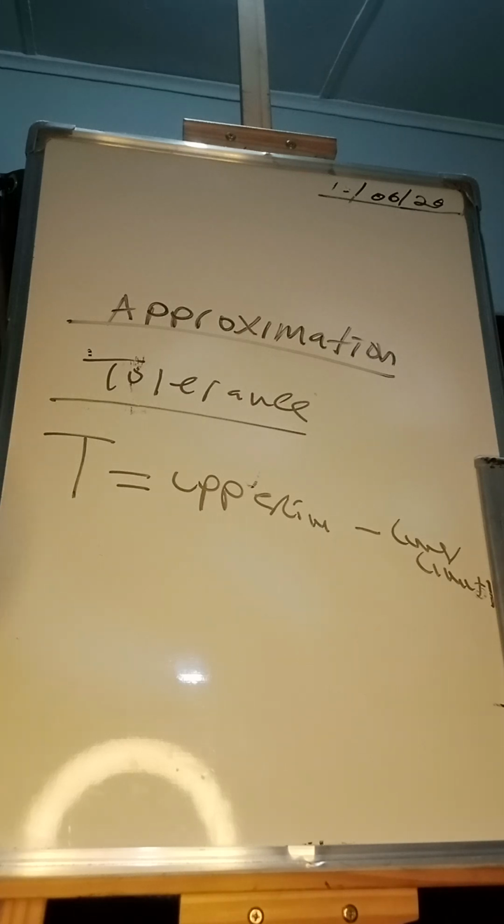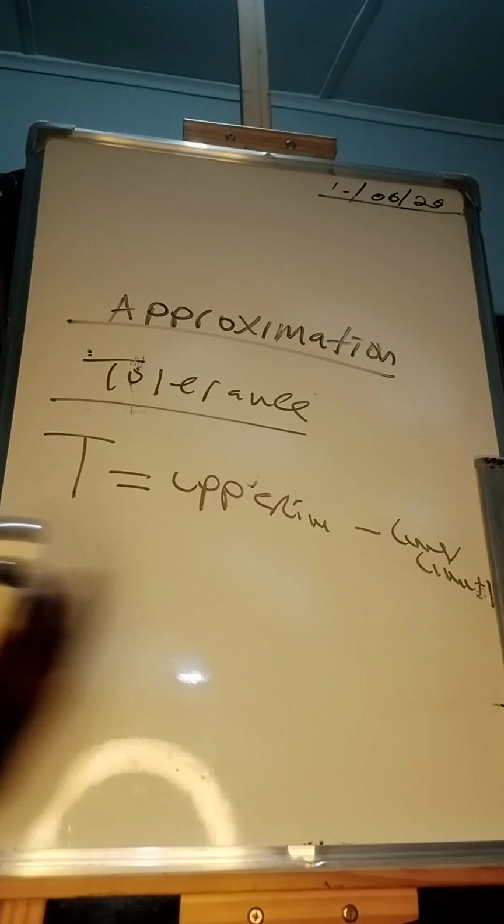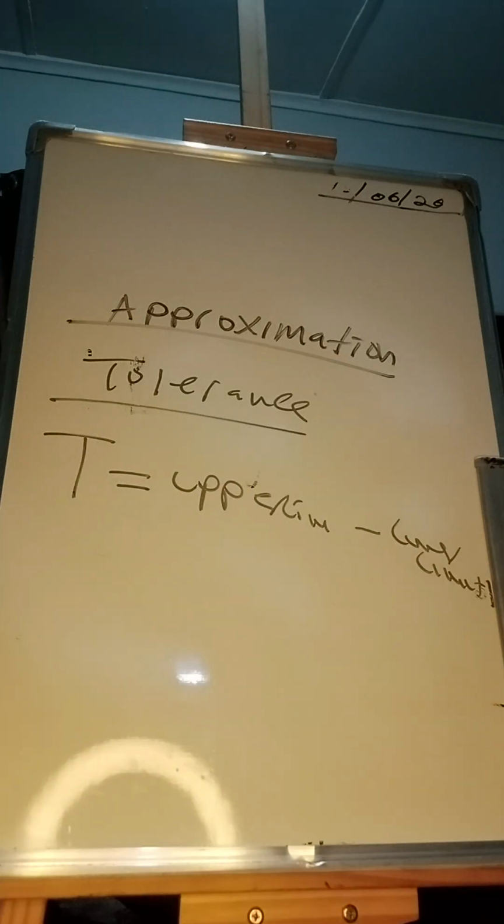It will show you the idea of how big the error was. I don't want to say mistake, but for the sake of understanding, how big the mistake, how much of a mess-up did you make while you were trying to do your measurement.